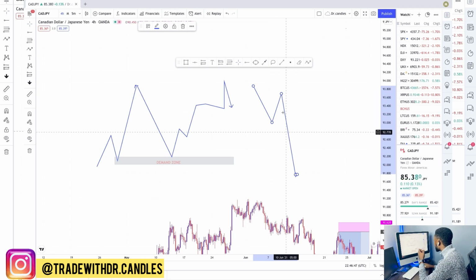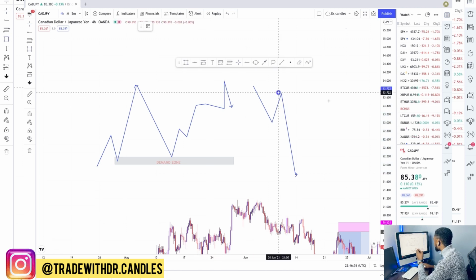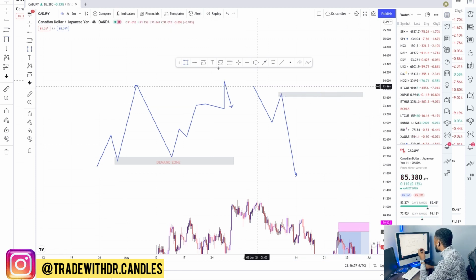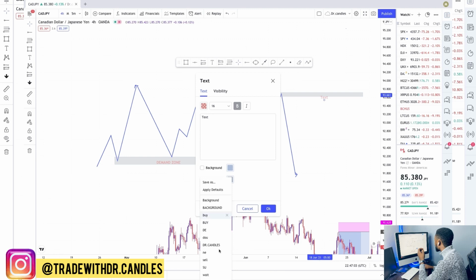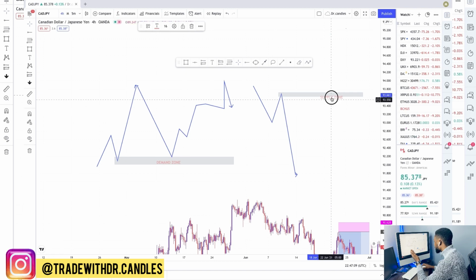In that case, you can draw a supply zone by considering the candlestick that formed before the momentum candlestick. So in this case, this will now be your supply zone. This is just a short description of demand and supply zones.